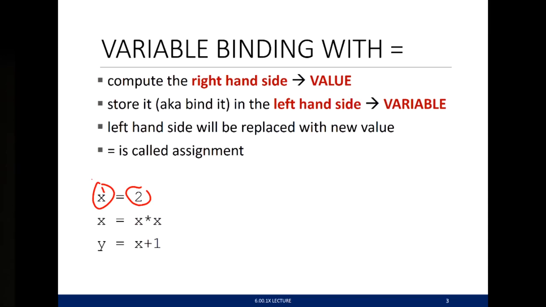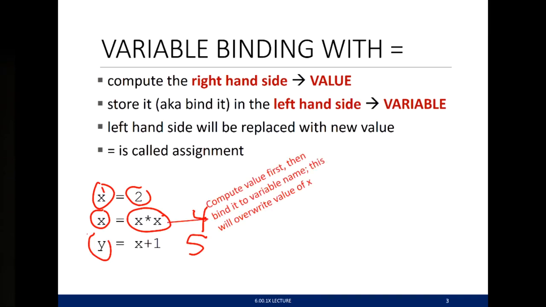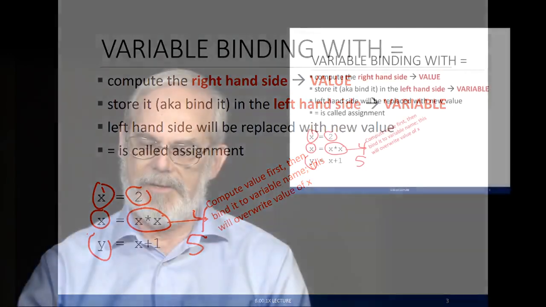And here, again, if you look at the second expression, remember, we first evaluate that expression. The value of x right now is 2, so 2 times 2 is 4. That associates the value 4 with the variable x, which says when I get around to then evaluating x plus 1, this is going to be 5, which is the value associated with y. Equal sign does the assignment. It creates those bindings for us. And as I just said, we're going to always compute the value first and then override the name if that name is used as part of the expression to get the value.